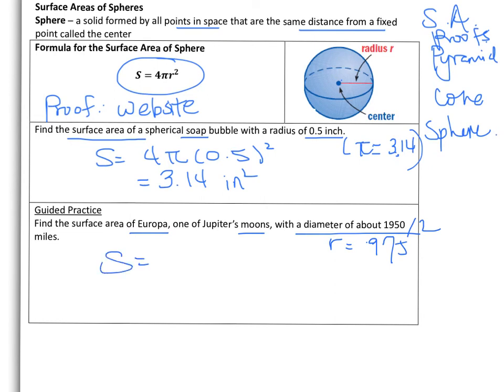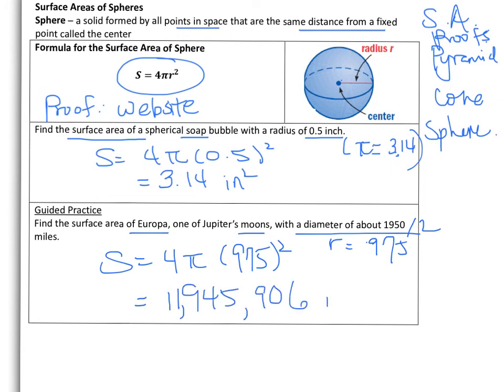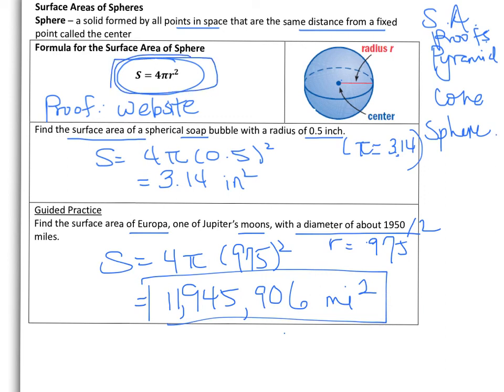So surface area equals 4 pi 975 squared. Yes, this is a little ridiculous. So again, we won't give you a problem like this in which you will need a calculator. But just to give you an idea that this is how you would calculate the surface area of a sphere.